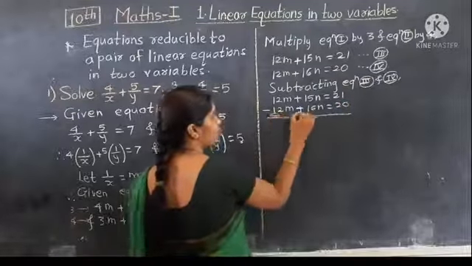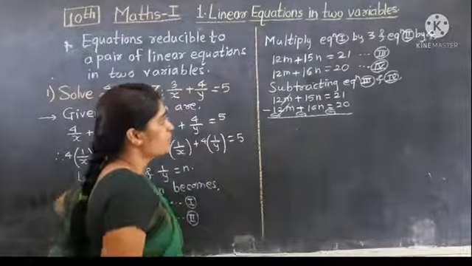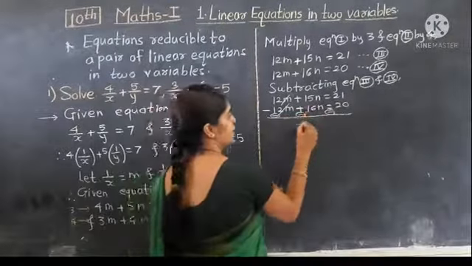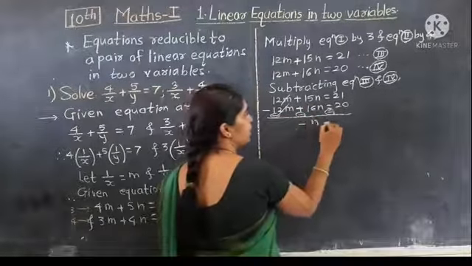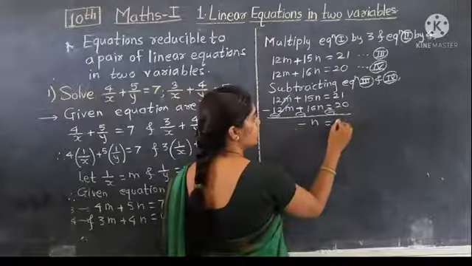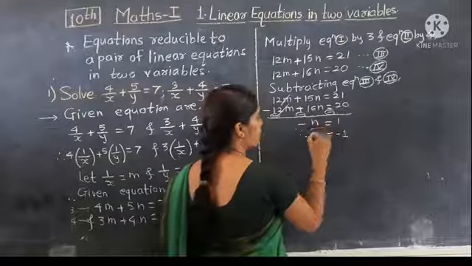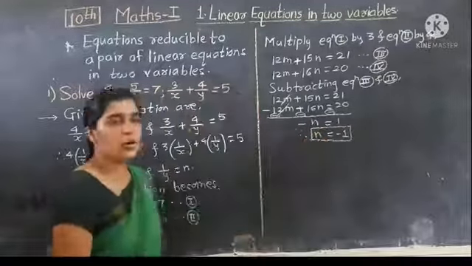Do subtraction, change the sign. 12m, 12m get cancelled. 15 minus 16, that is minus n, is equal to 21 minus 20, that is 1. Therefore, we get n is equal to minus 1.